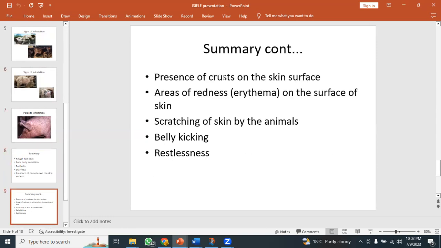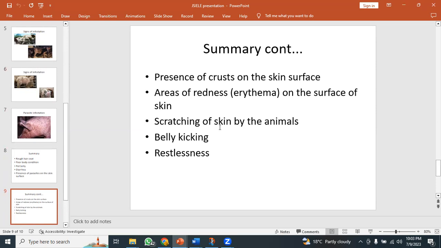With parasites that burrow the skin, for example mites, especially in sheep, it can cause the skin to produce some exudate, which can cause crusts on the surface of that skin. So you will find crust present on that skin surface. You can also find areas of redness, as we saw in the pig that was in the last slide.